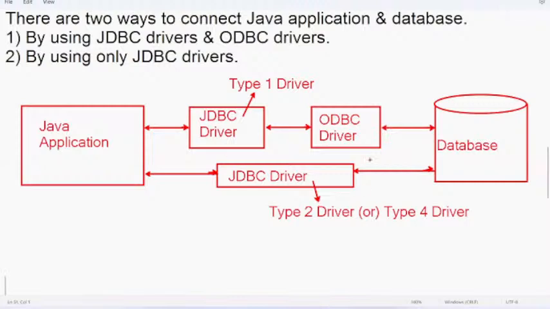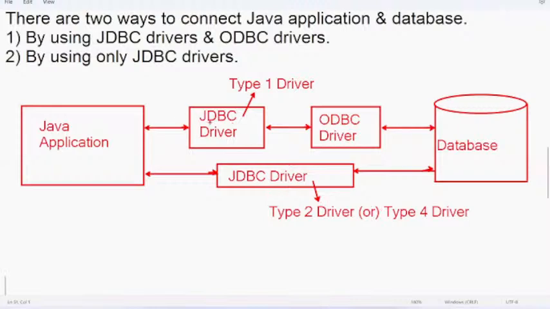Now, if you want to connect a Java application and database, first of all, they used this one. The type 1 driver came first. This type 1 driver is outdated from Java 8 onwards. Now we are using only type 2, type 3, type 4.